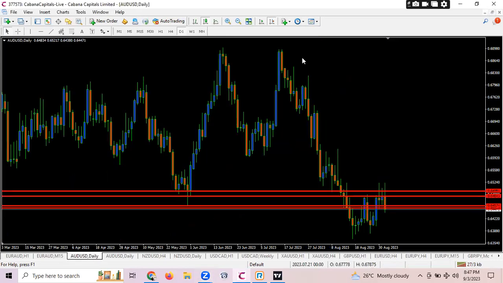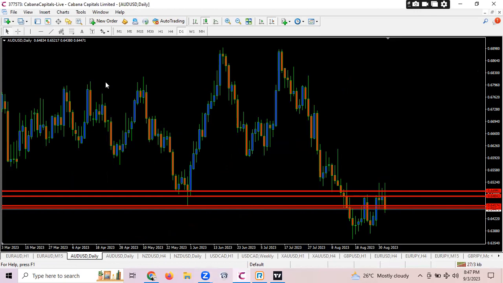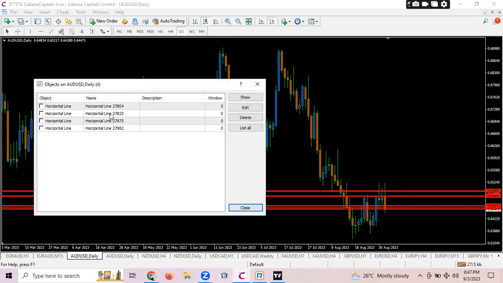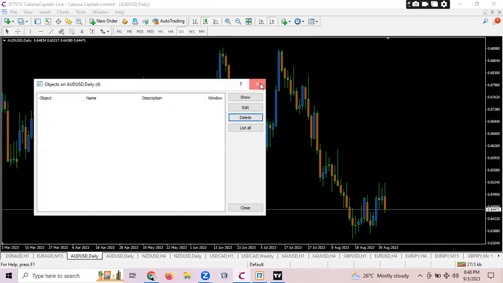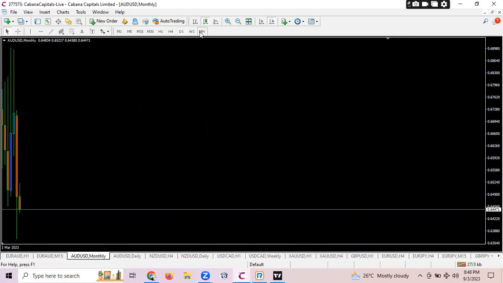Let's start with Australian dollar USD. So let's start with the monthly time frame.